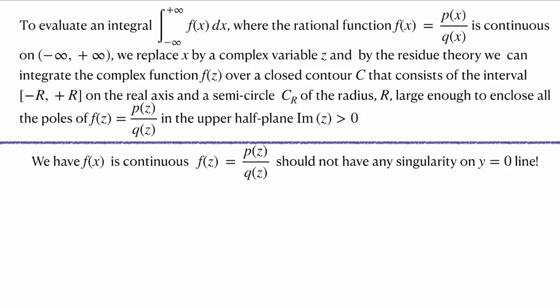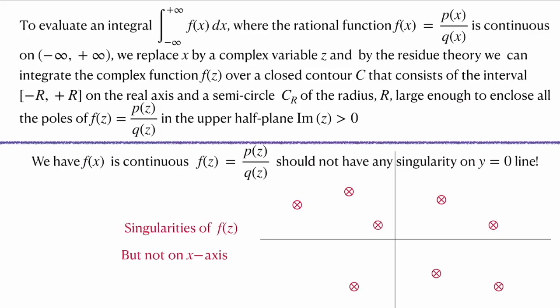So we don't have any poles on that. The poles are scattered over the positive and negative imaginary plane. The y axis is the imaginary z. The positive part is the upper half of the y axis and the negative part is the lower half. So we have scattered singularities over the z plane and no singularity on the x axis, y equal to 0.